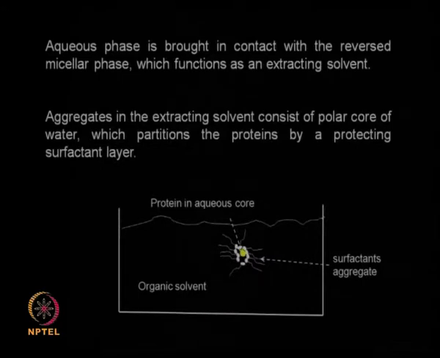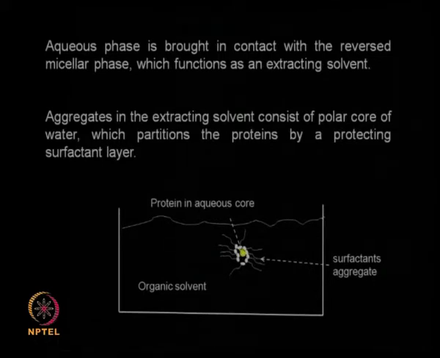So we have the organic solvent, we have the reverse surfactant aggregates, the polar head groups are located inside and the hydrophobic tails are pointing outside. Inside you may have a core which is aqueous, so the protein can be kept inside. So you are protecting your protein.